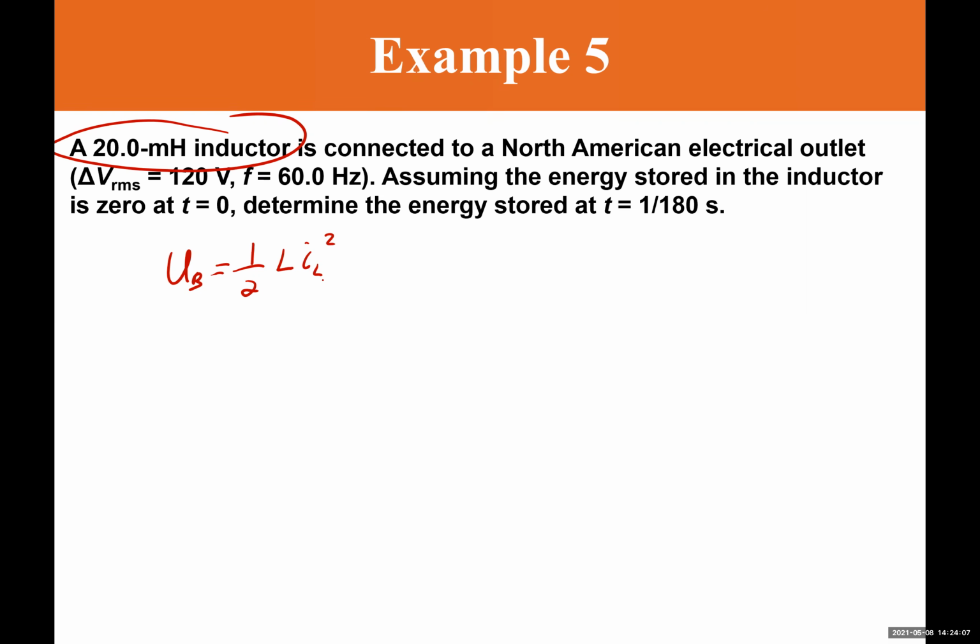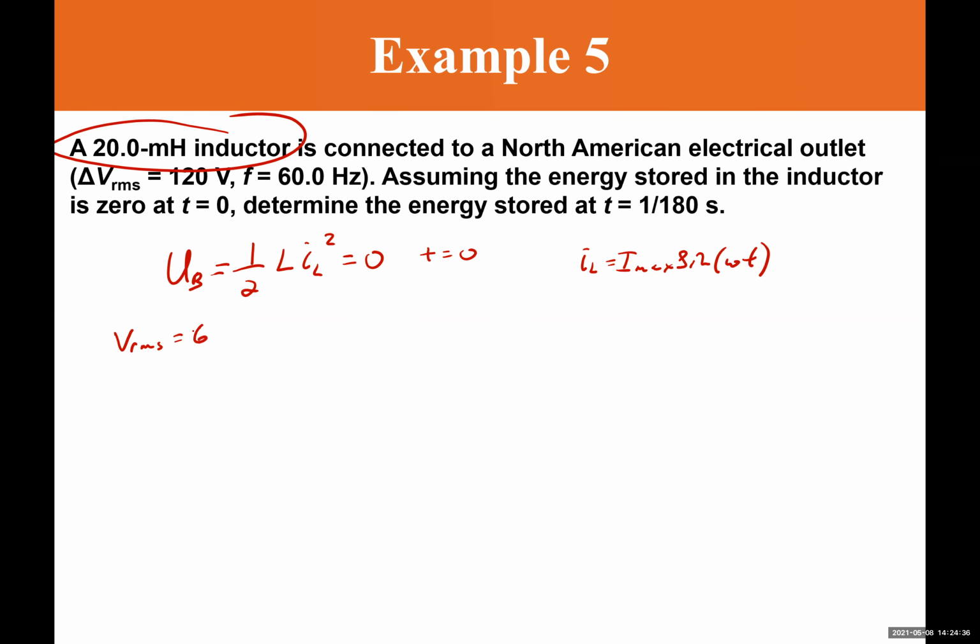We assume the energy stored is 0 at t equals 0. What we have here is that I sub L is equal to I max times sine of omega t, which is 0 at t equals 0.